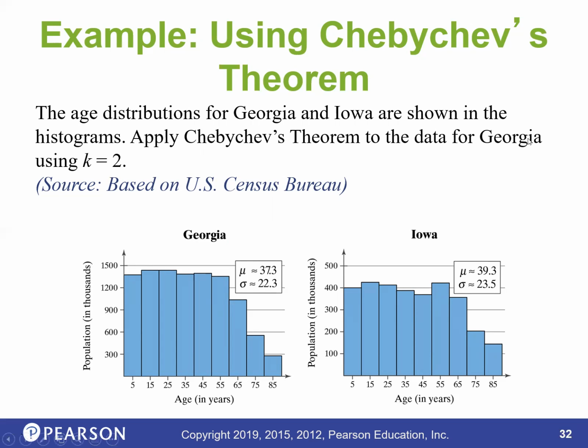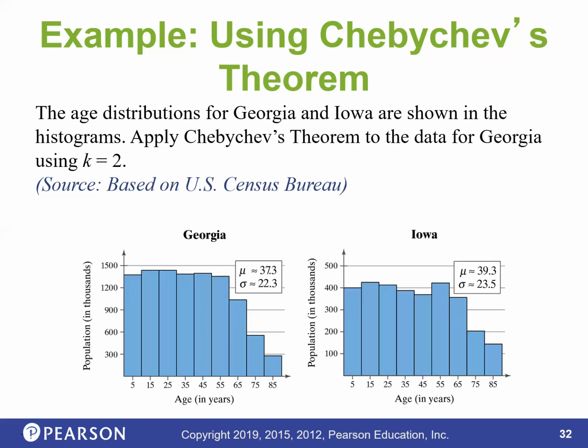Okay, so let's see if we can figure this out here. So apply, I think it's Chebyshev's theorem, I think that's the way I heard it pronounced, for Georgia. Let's go to Georgia here. And we're going to use 2. So we want to go 2 standard deviations away from the middle.